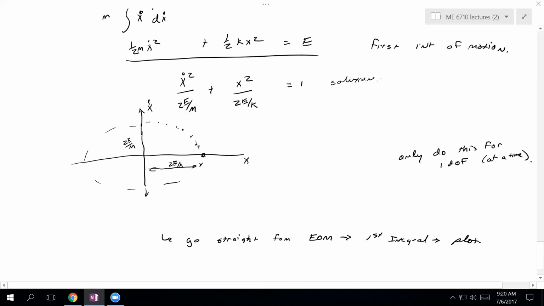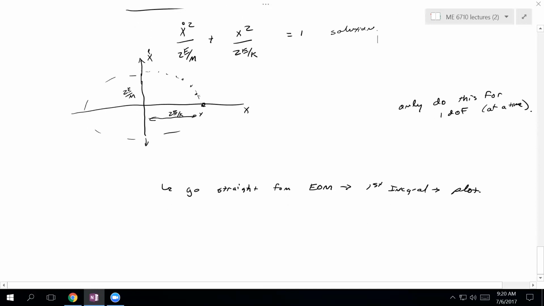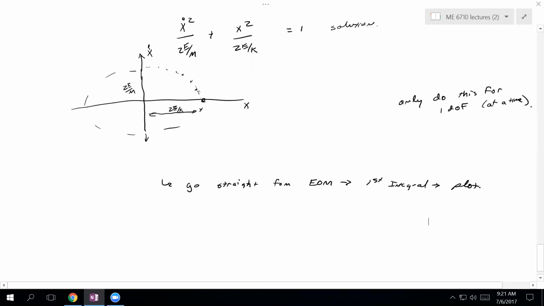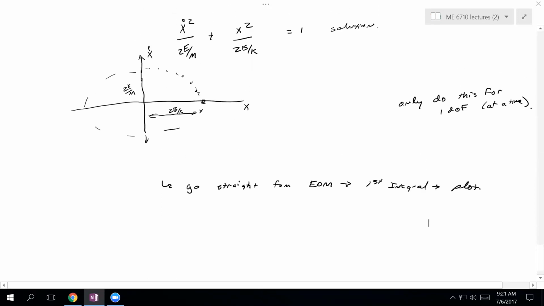Now I'm going to show you a handy way to plot without necessarily going to MATLAB, although you can always do that. The third way goes like this. Let's look at plotting this thing.